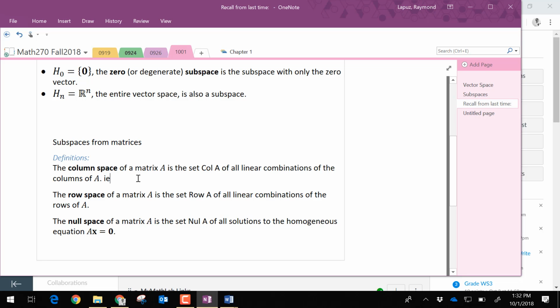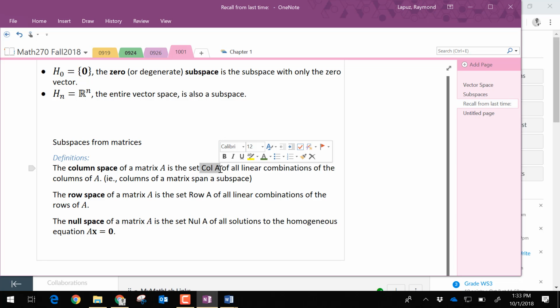So, in other words, the columns of a matrix span a subspace, and the subspace that they span is called Col A. That's the official name.